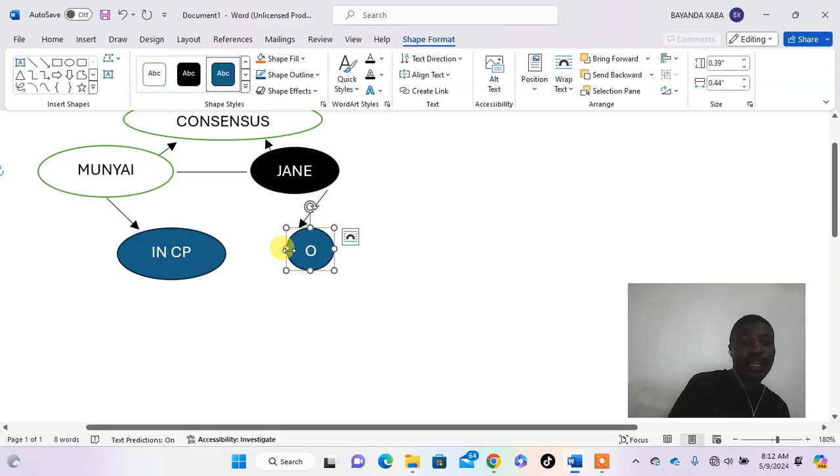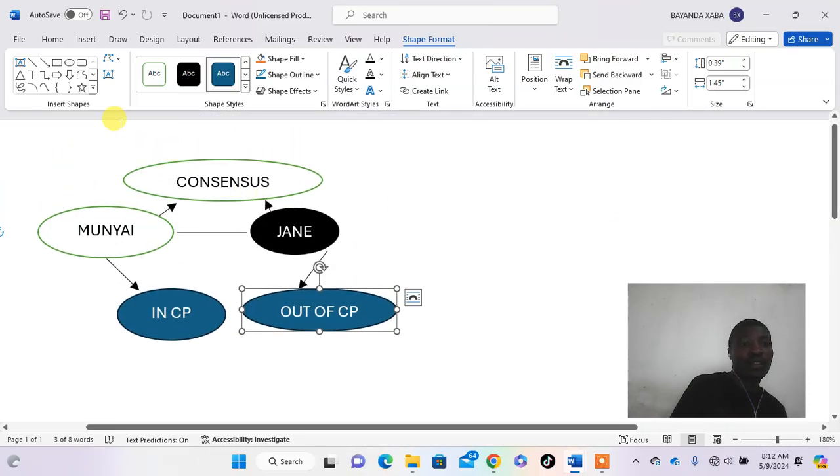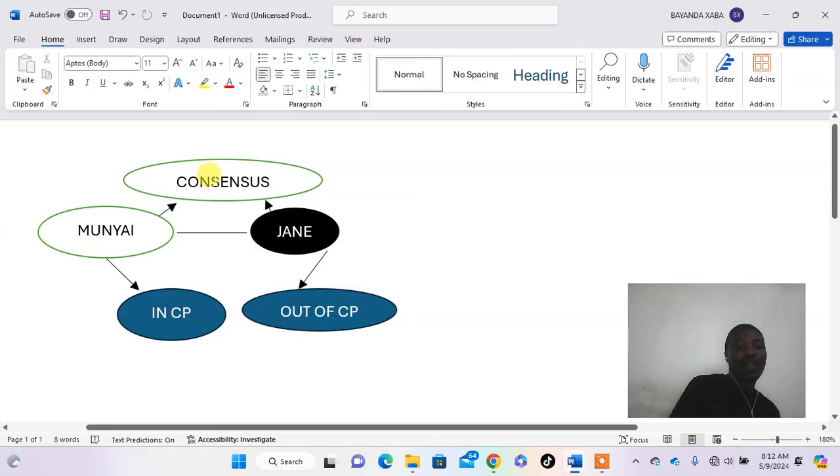Yes. There's a consensus here that they have agreed. They have reached consensus that they are getting married. However, Munyai thinks he is getting married in community of property, whereas Jane thinks that she's getting married out of community of property.